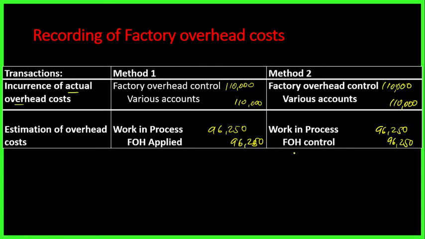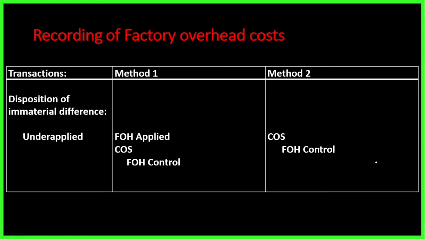This one will be recorded using your factory overhead control. This one will be a different account: factory overhead applied. Now let's continue. What if this one is immaterial?